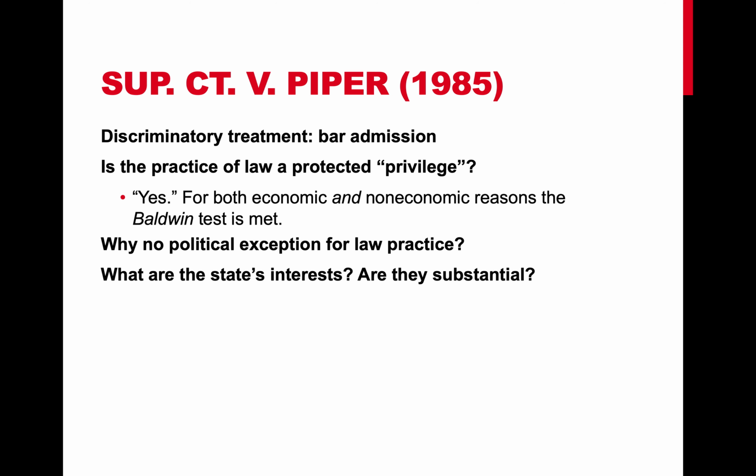Same with behaving ethically. There are ways that the state bar, the state Supreme Court, could enforce these rules against non-residents as well. They could force them to do continuing legal education on the state's ethics rules or procedures, and there's no reason that out-of-staters couldn't do that just as well as in-staters.